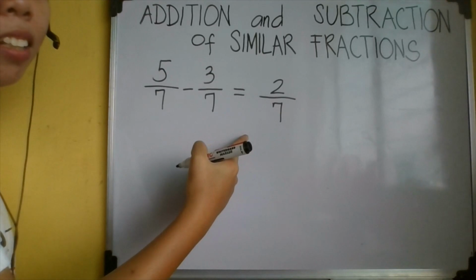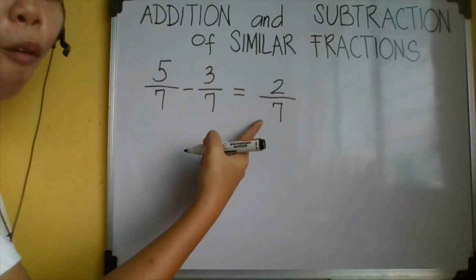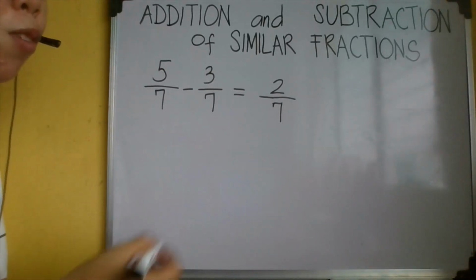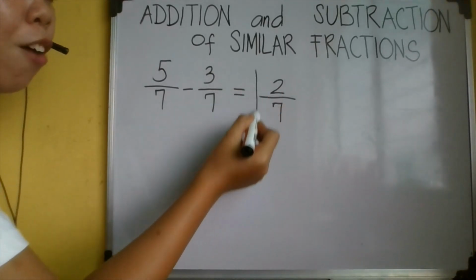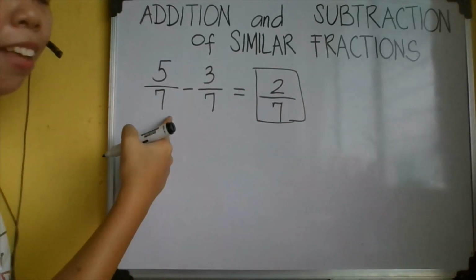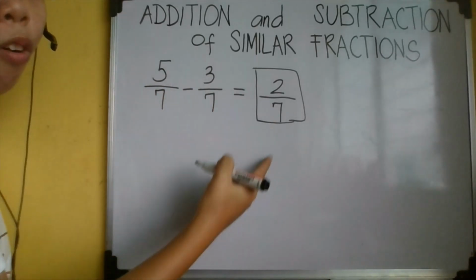Then 2/7, do you think this is already in simplest form? Yes, that is already in simplest form. So therefore, the difference of 5/7 and 3/7 is 2/7.